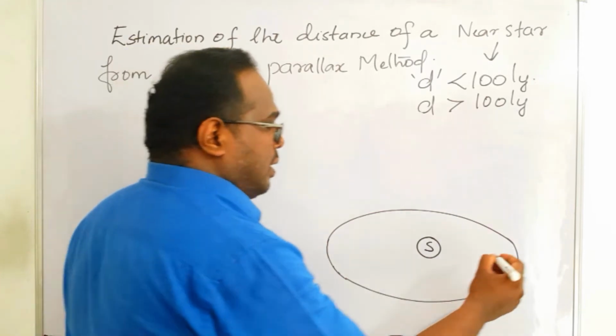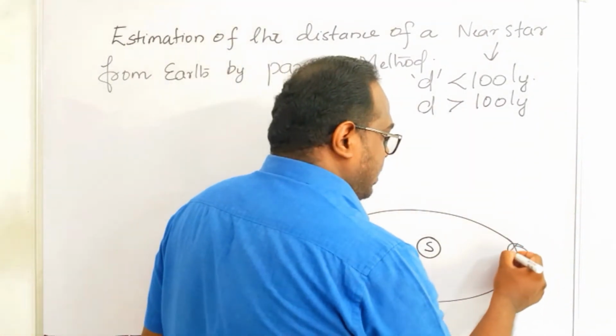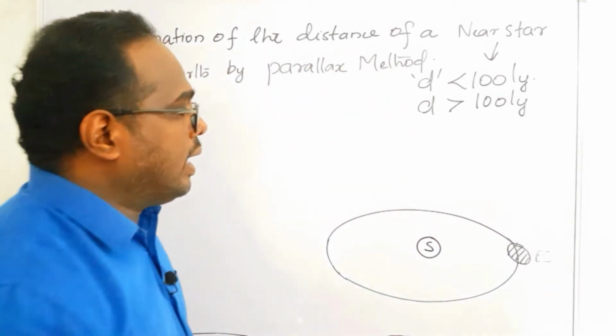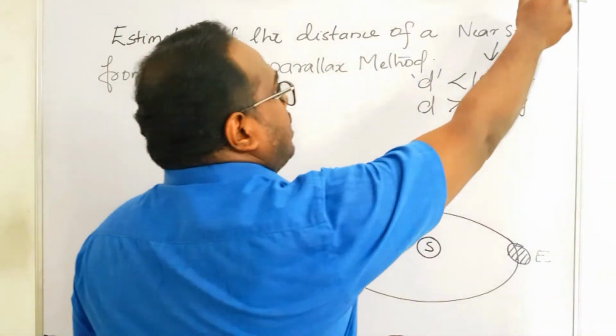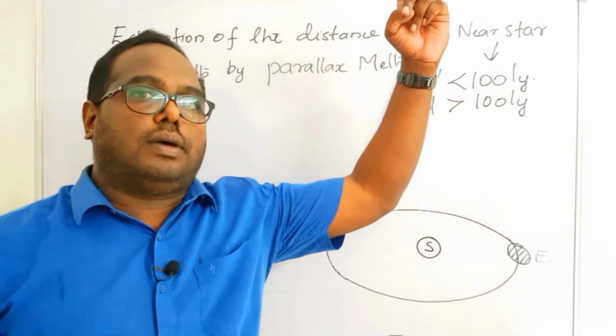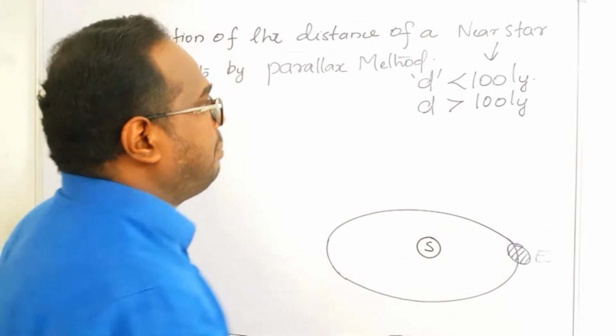Suppose Earth is here, E, and so what will be the nature of the light ray coming from a far away star? It will be parallel, right?